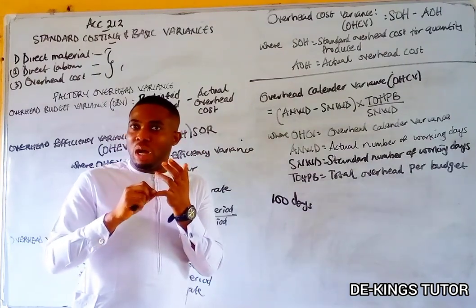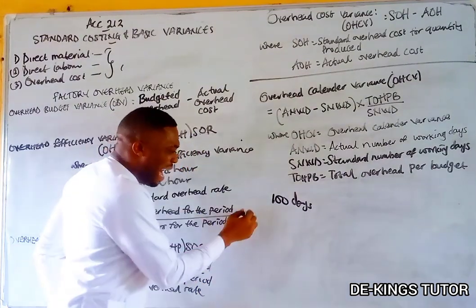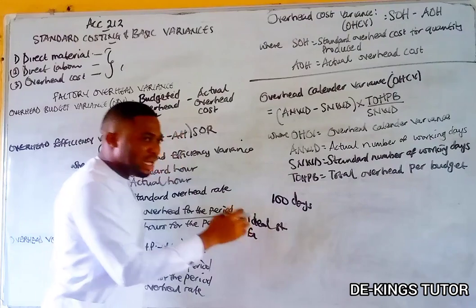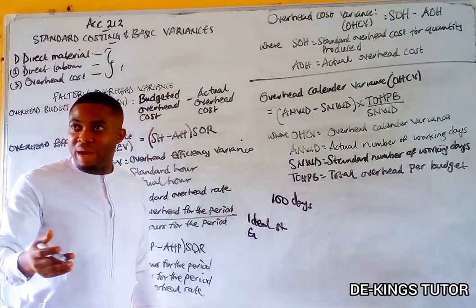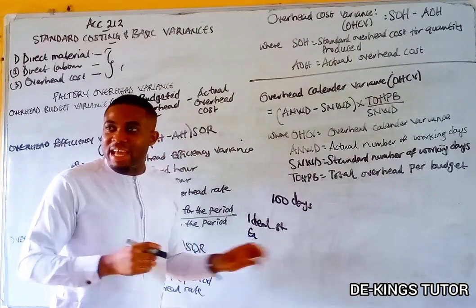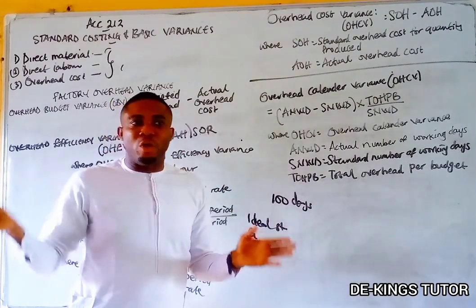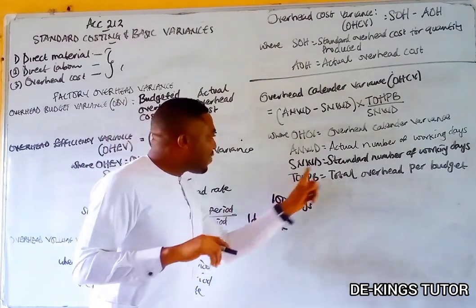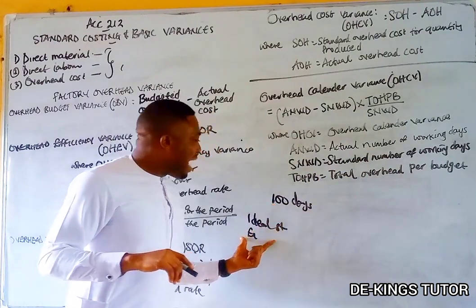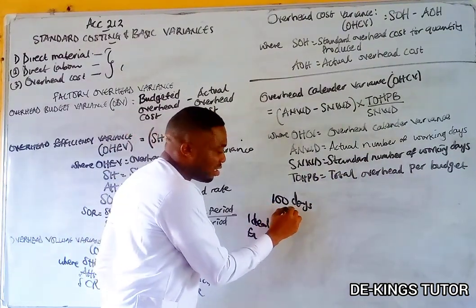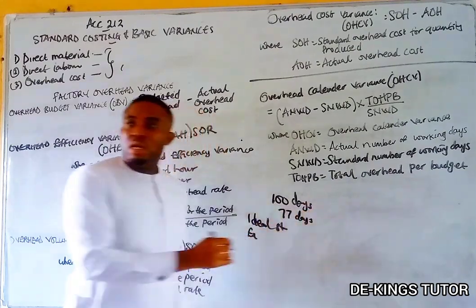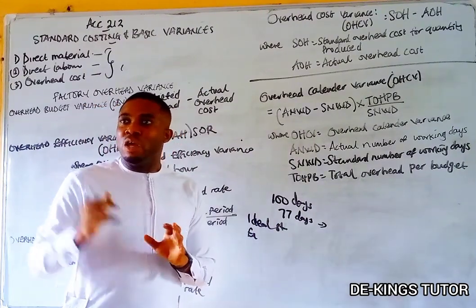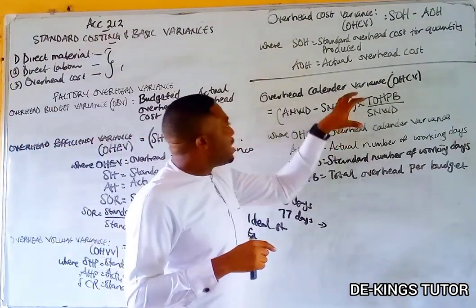Remember, we considered ideal standard and expected attainable standard. If you remember, we said the ideal standard is where they do not consider any idle time or losses or whatever, while the expected, you consider some of this. So they might have a standard number of working days, while the actual might be lesser. Some of the days might be public holidays or the machine had issues and all that. The question might want to ensure that you include this.